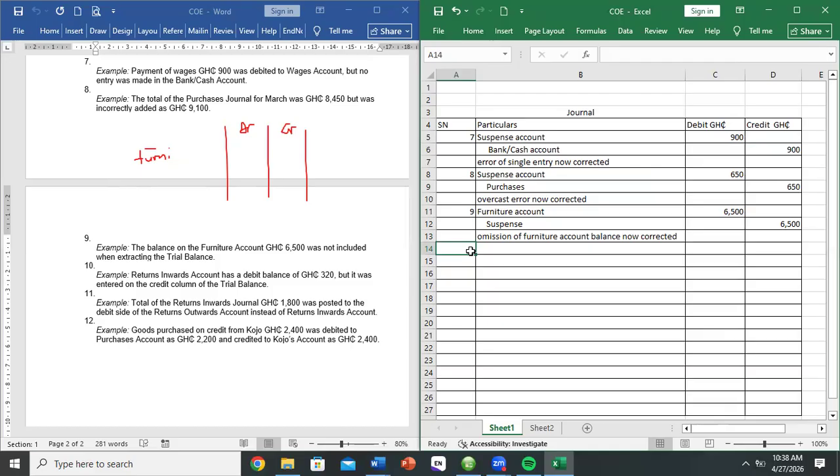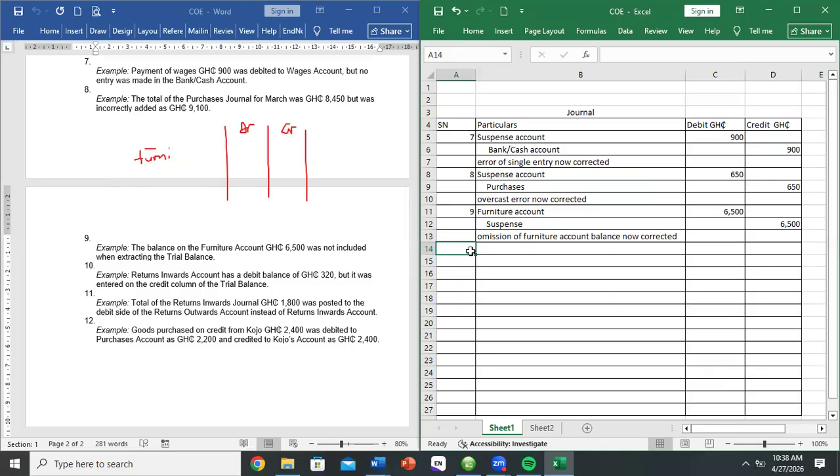This was not a partial omission. Oh, okay. I get your point that, for example, if it was purchase of furniture with cash, and then in constructing the trial balance, they took the cash balance there, but they forgot the furniture. So partial omission.